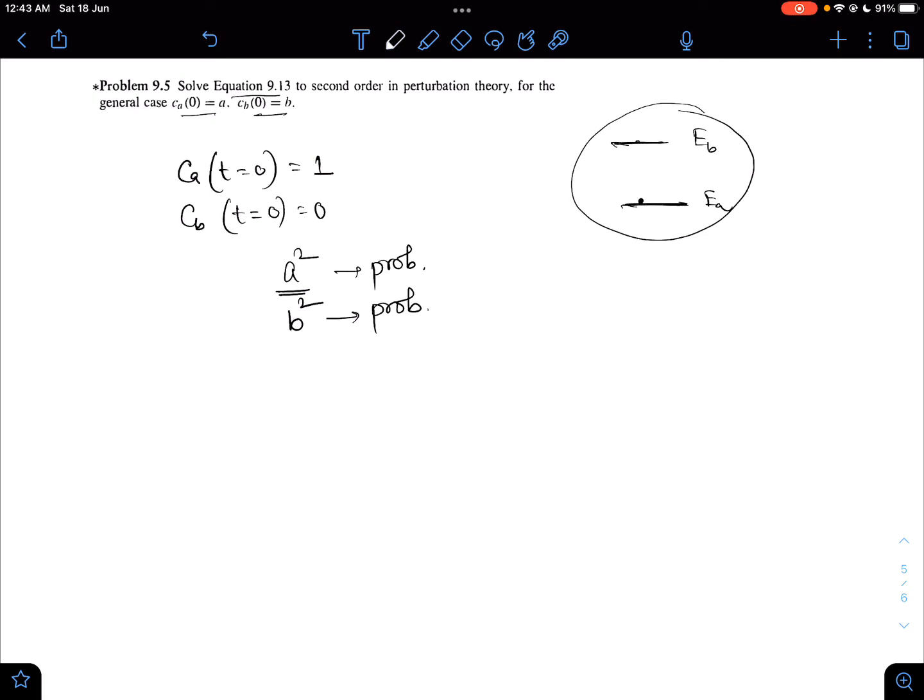For this case, where the initial state is a linear combination of these two states, we have to find the probability of finding the particle or system in this state at a later time up to second order, and the probability of finding the system in the other state at a later time up to second order. So that we have to now calculate.